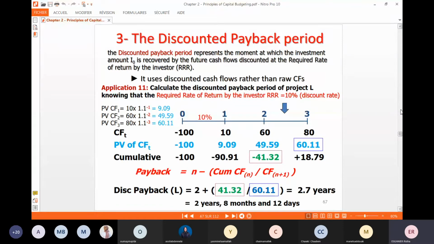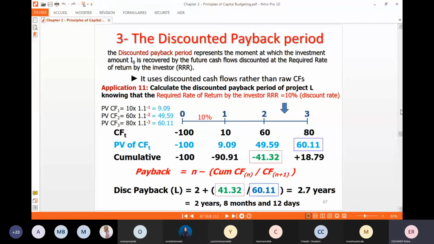Donc logically the two projects I was talking about are identical according to the discounted payback, but logically the second project, which has more cash flows in year 4 or year 5, will be better. So here we correct the limitation, that we ignore the cash flows that occur after the discounted payback period, by taking into consideration the present value of all the cash flows, not only the cash flows up to the discounted payback period.